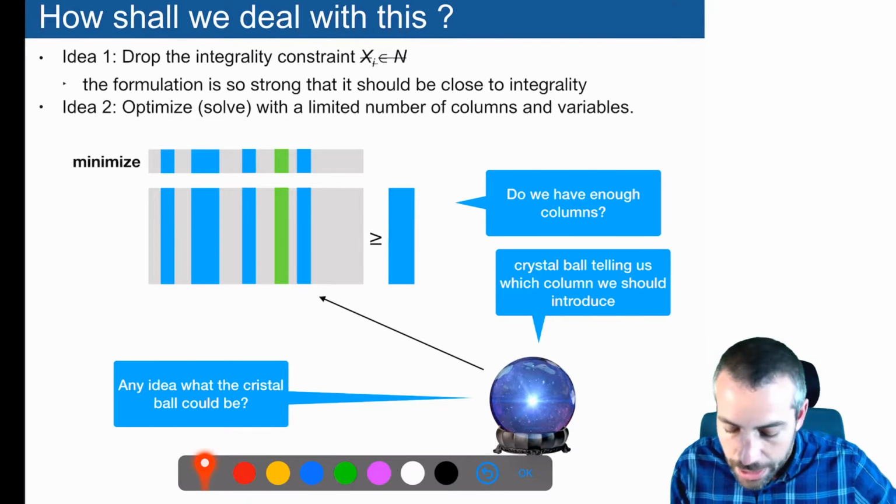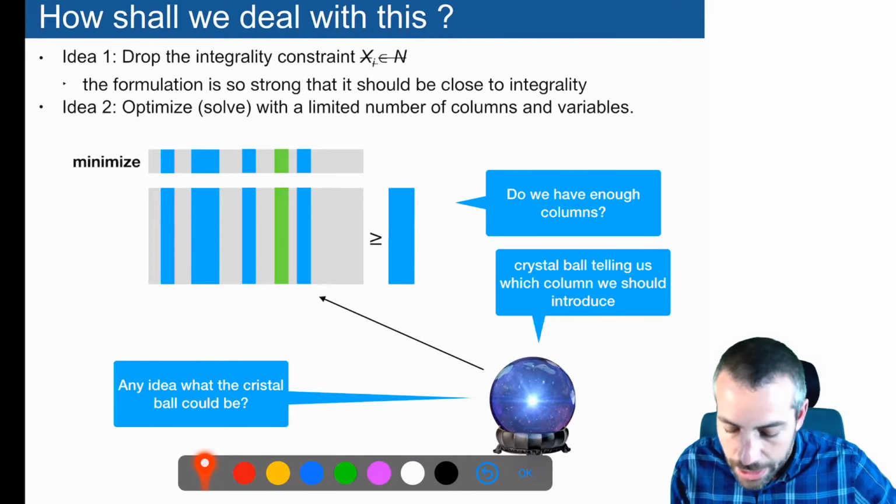And we will assume that we have a crystal ball or an oracle that will tell us, I think that introducing this new column, for instance, the green one, might be an interesting idea, okay? If you introduce this new column, you will be able to improve your objective function, okay?